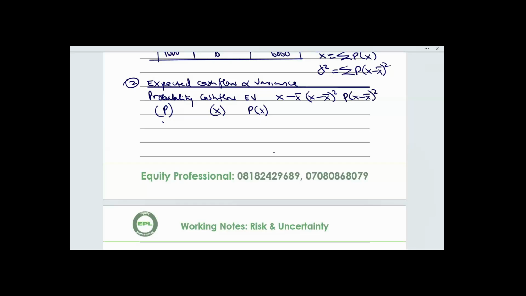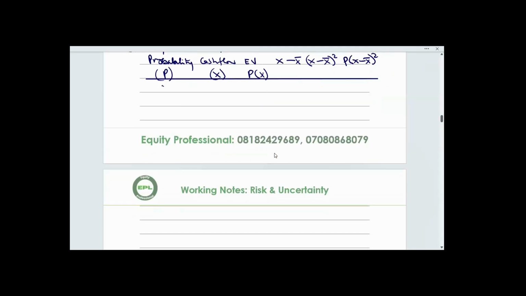All right. According to the question, what's the probability of the first one? 0.15, 0.20, 0.35, 0.10, then 0.20.